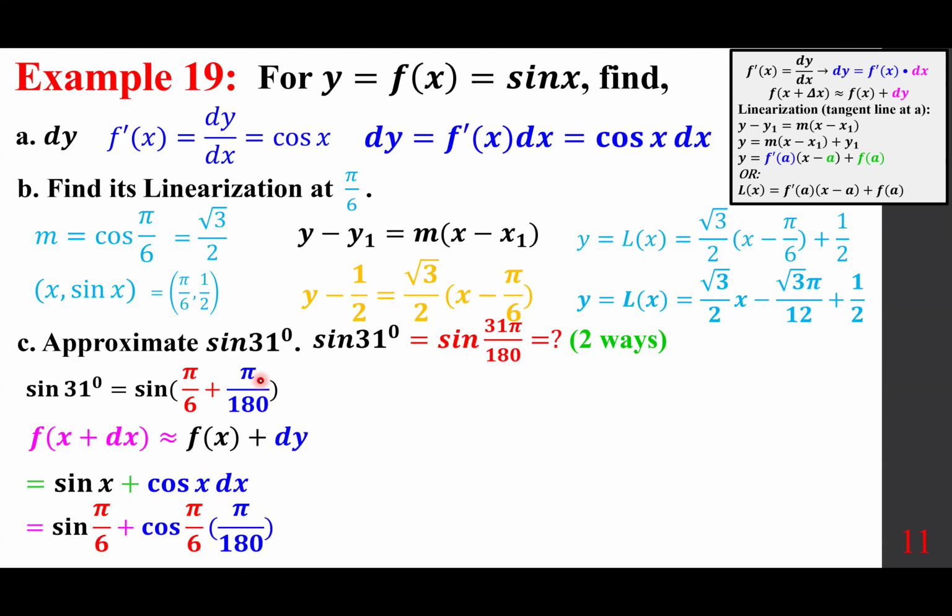At this point, of course, we know this is 1/2, and we know this is square root of 3 over 2, times pi over 180. Put this into a calculator, everybody. And we get about 0.5151 if we go with 4 decimals. Now, if you put sine of 31 degrees, it has to be in degree mode. You can see the answer from the calculator.